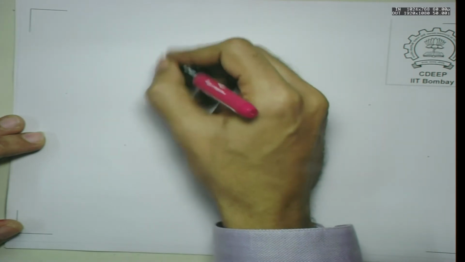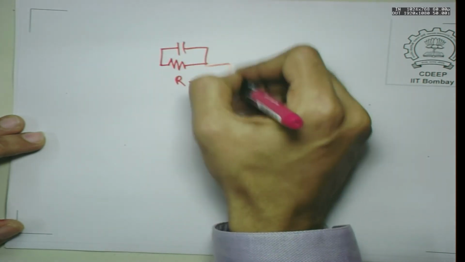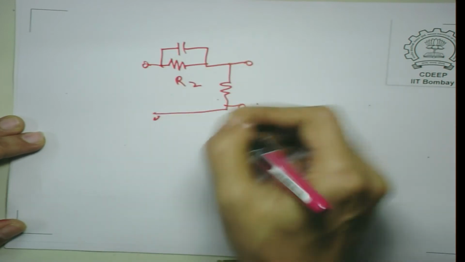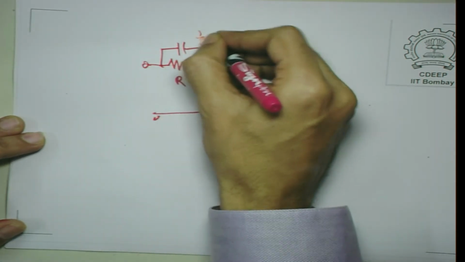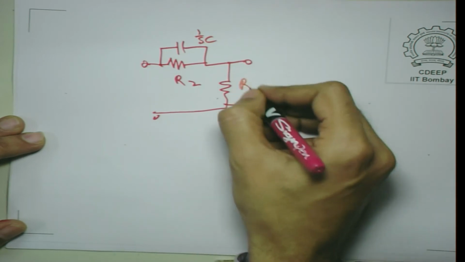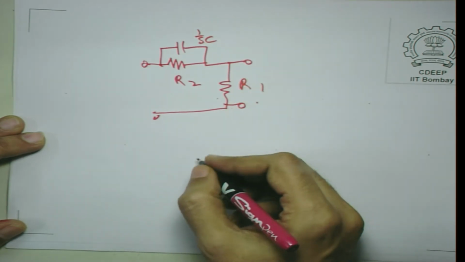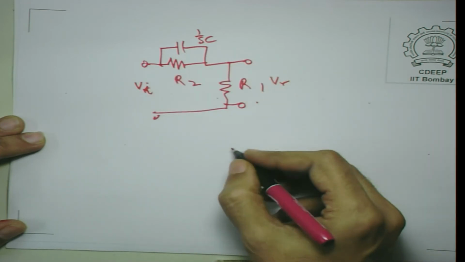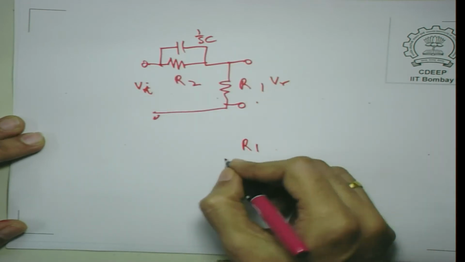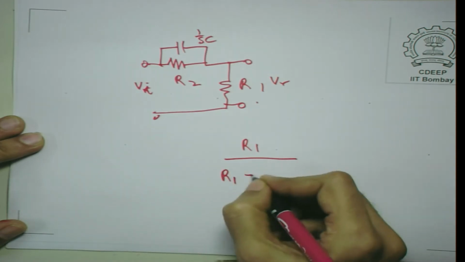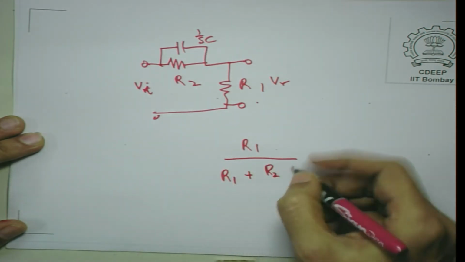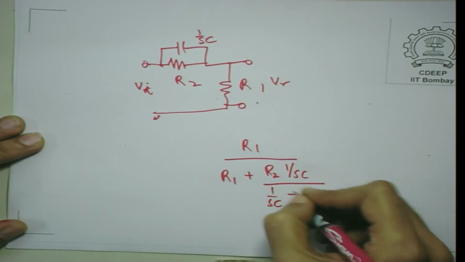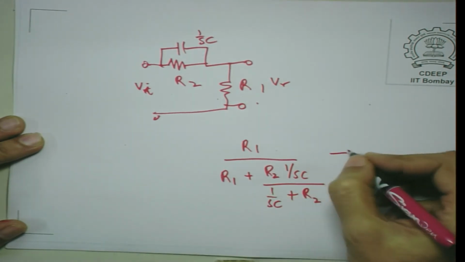If we try to take out this transfer function, there is 1 upon SC here, and this is R1. The transfer function between voltage input and voltage output is quite easy to evaluate. It will be R1 plus R2 in parallel with 1 upon SC, so it will be 1 upon SC plus R2.